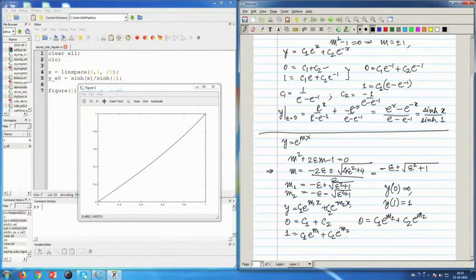Subtracting this from the other equation, we obtain c1 times (e raised to m1 minus e raised to m2) is equal to 1, which implies c1 equal to 1 by (e raised to m1 minus e raised to m2), and thus c2 is equal to minus 1 by (e raised to m1 minus e raised to m2).